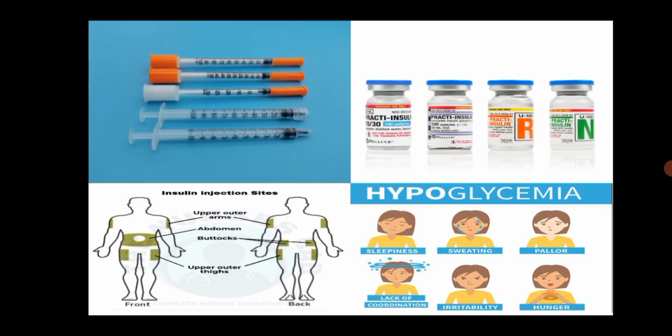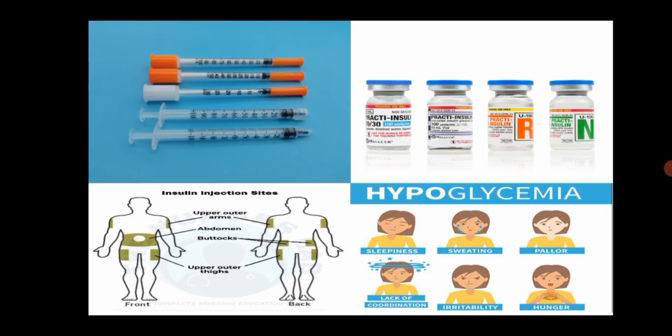Okay. So, as nurses, our responsibilities when it comes to insulin: make sure we are checking the blood glucose before insulin administration. Before you administer, whether it is rapid acting, short acting, intermediate, or long acting, make sure you check glucose levels to avoid hypoglycemia, and also ensure the correct insulin type.